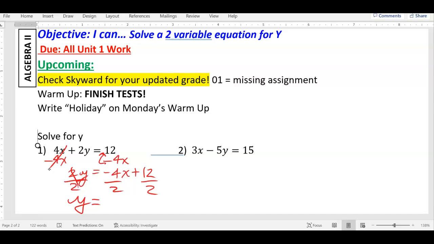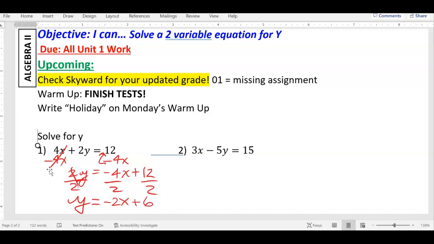Okay, negative 2x. And then what's 12 divided by 2? It's 6, so plus 6. Do you see how x and y were on the same side? And now I have y by itself. You're going to have to be able to do this when we're doing systems of equations in this next unit.